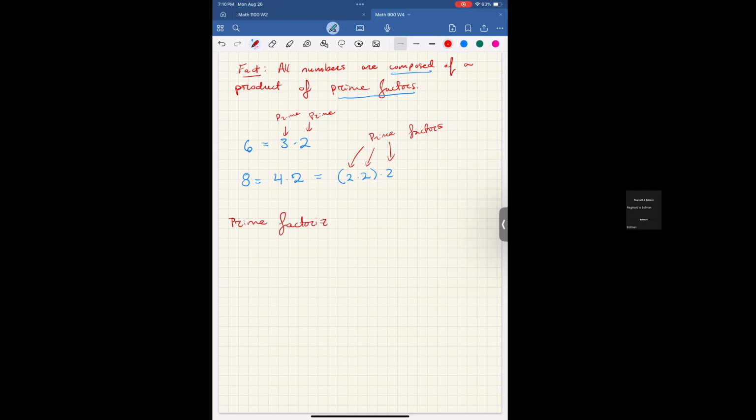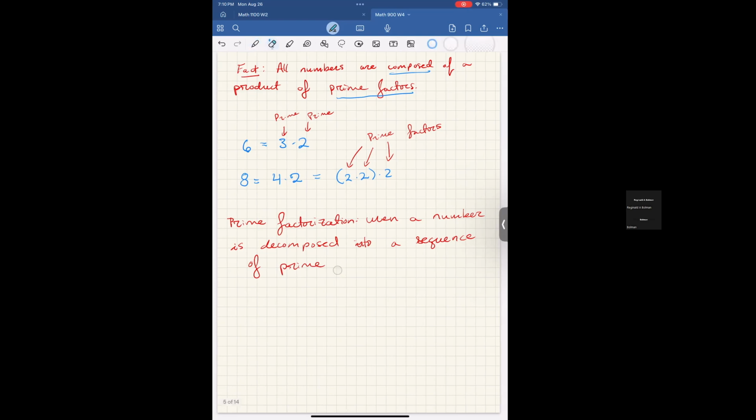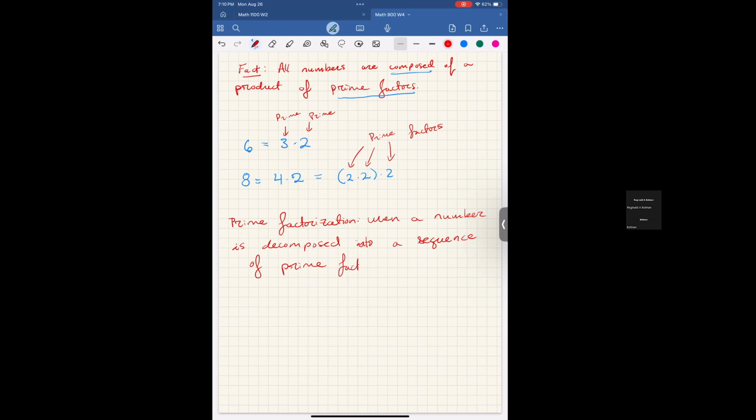Another definition, prime factorization. When a number is decomposed, which is the opposite of composed, so it is broken down, when a number is broken down into a sequence of prime factors that are multiplied together, we call that prime factorization.